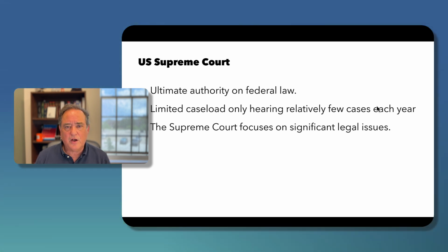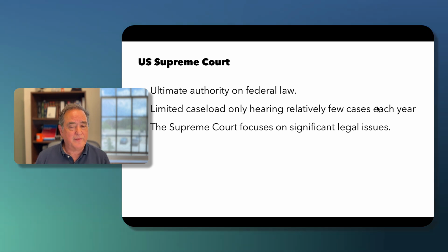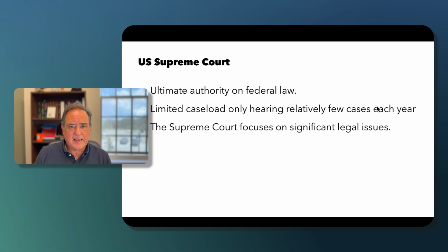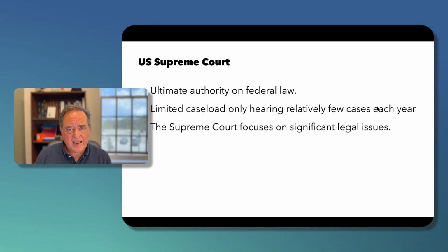Oftentimes, it's a matter of a difference between the circuit courts of appeal, where the Fifth Circuit has ruled one way and the Sixth Circuit has ruled the other way, and therefore the Supreme Court must come in to harmonize the law between these conflicting courts of appeal. So, for instance, the same-sex marriage case that was decided back in 2015 was brought because there was a split in the circuits.